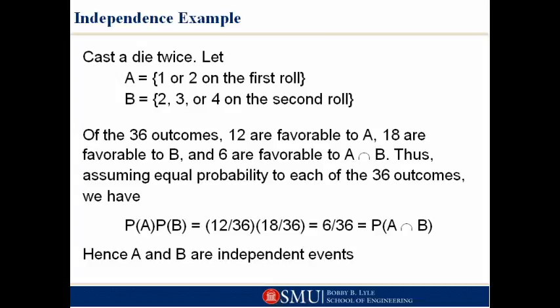Thus, assume the equal probability of each of the 36 outcomes. The probability of A is 12 over 36.